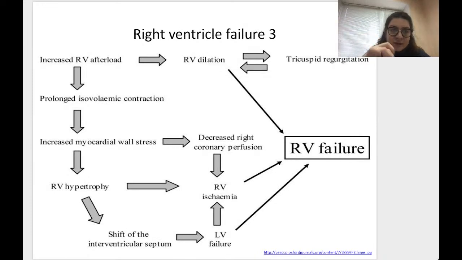In the other way, increased afterload leads to prolonged isovolumic contraction, trying to compensate the situation, with increased myocardial wall stress, right ventricle hypertrophy, and shift of the intraventricular septum toward the left ventricle. It leads by itself to right ventricle ischemia and moreover decreased right coronary perfusion, and all of it together leads to right ventricle failure.